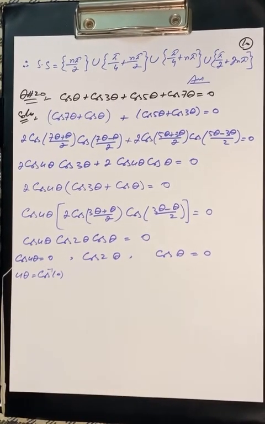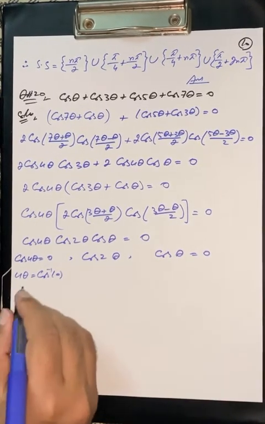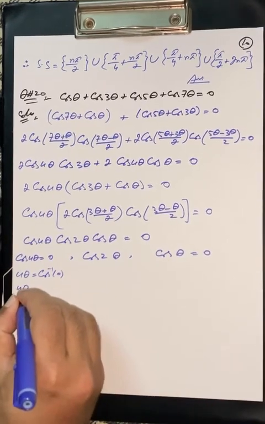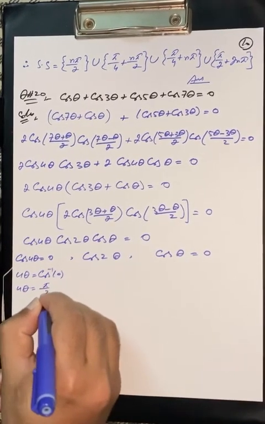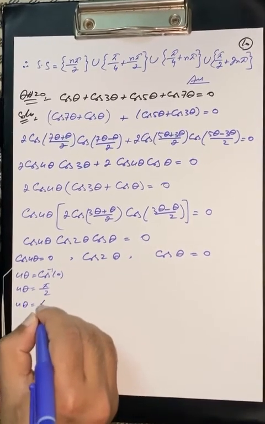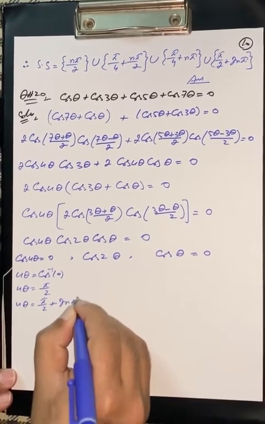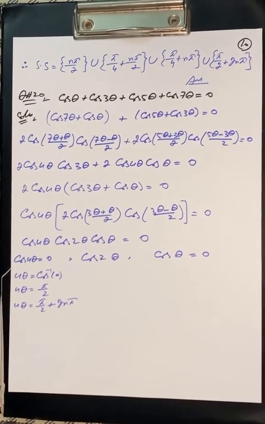As you all know, cos inverse 0 equals pi by 2. So 4 theta equals pi by 2. In the next step we add the period directly, no need to write the wording. Cos theta period is 2 pi, and we write 2n pi because n belongs to Z.